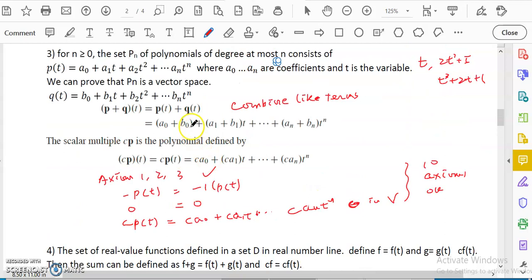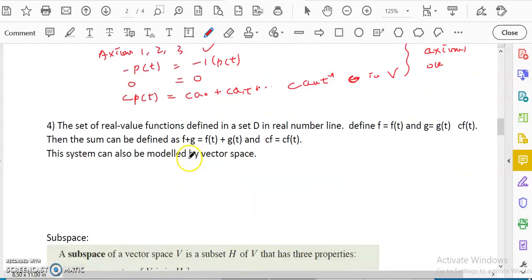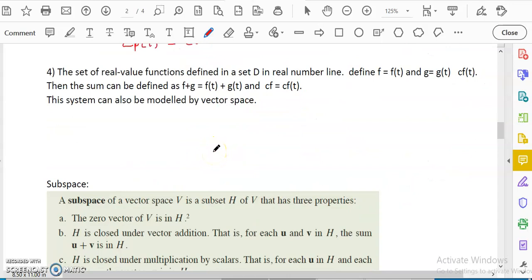The most important thing is the addition and scalar multiplication. Make sure that when you multiply something, it's still in the space, and when you add them, they're still in the vector space.